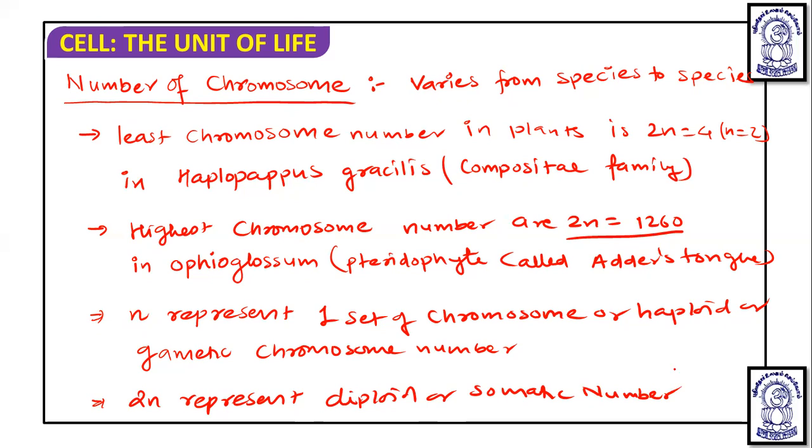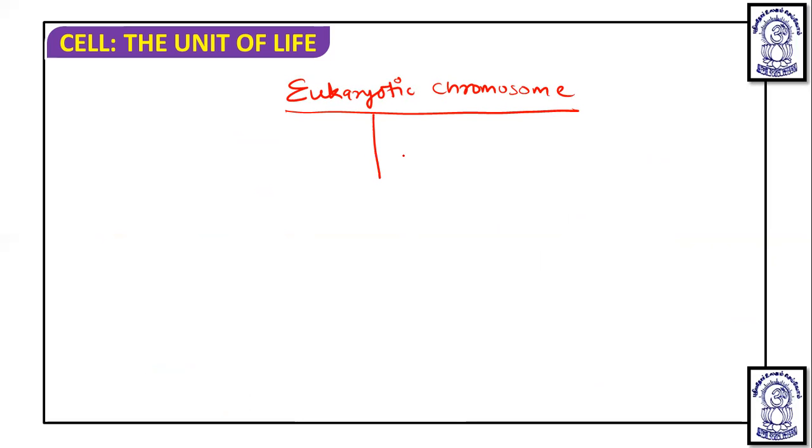Now after this, in eukaryotes, two types of chromosome are found. If we talk about eukaryotic chromosomes, they are of two types, based on sex and body character.